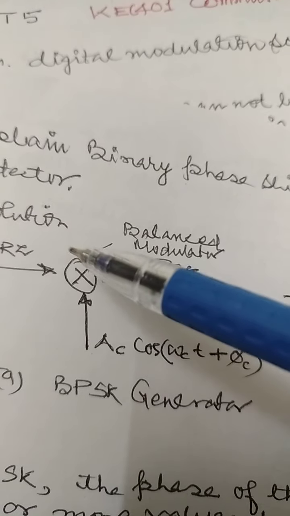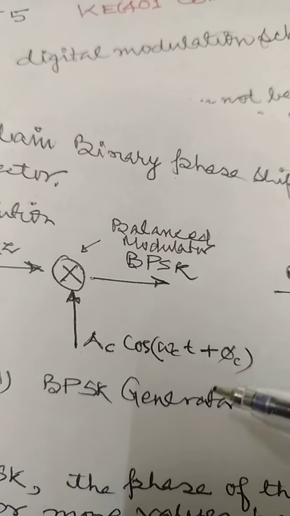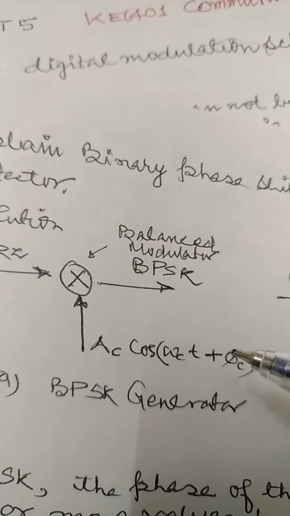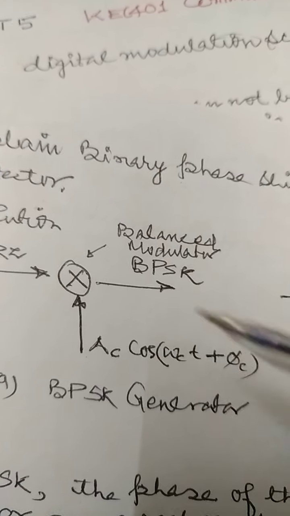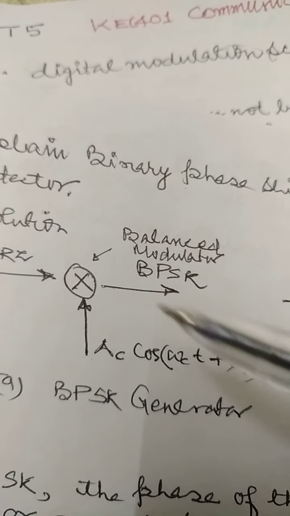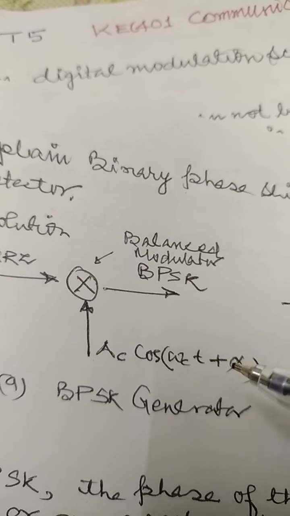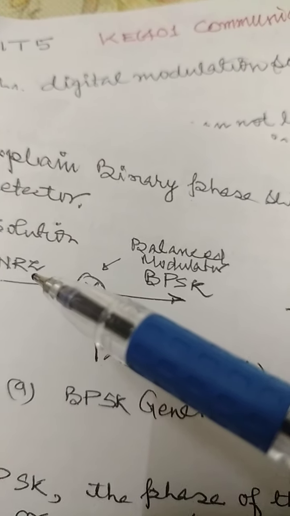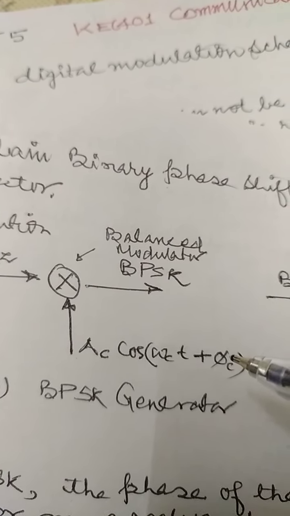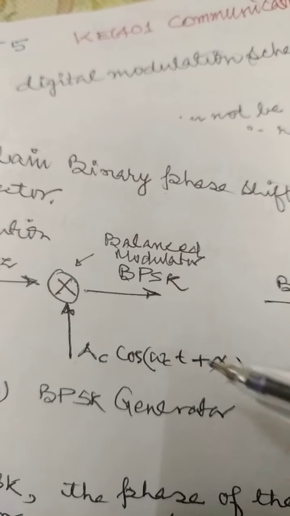We are multiplying it, taking 0 phase shift for logic 1 and pi phase shift for logic 0. For logic 1 we are taking 0 degree phase shift, whereas for logic 0 we are taking pi degree phase shift.